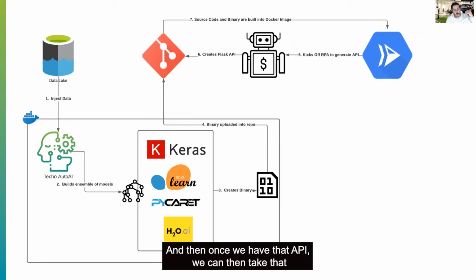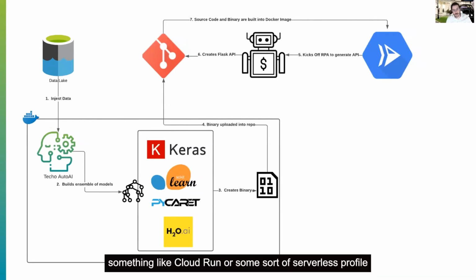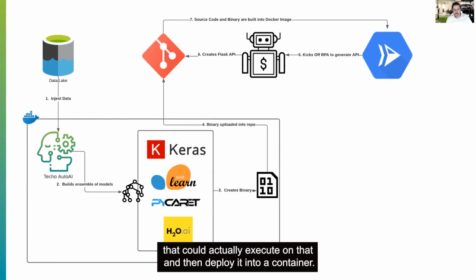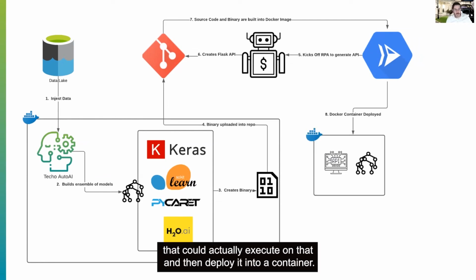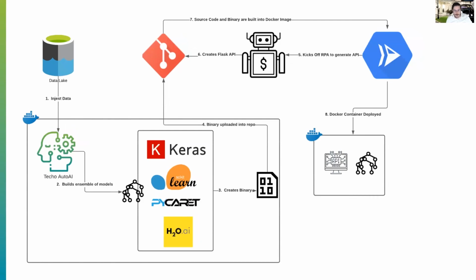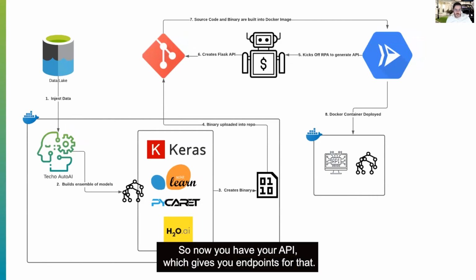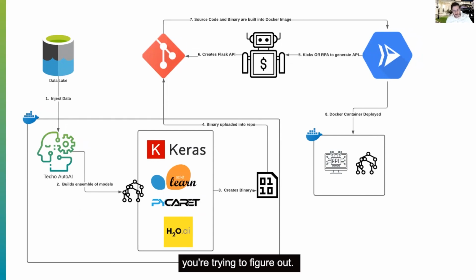Once we have that API, we can take that and build a container around it and throw it into something like Cloud Run or some sort of serverless profile that could actually execute on that, and then deploy it into a container. So now you have your API, which gives you endpoints for that. You have your AI model for executing your decision on whatever you're trying to figure out.